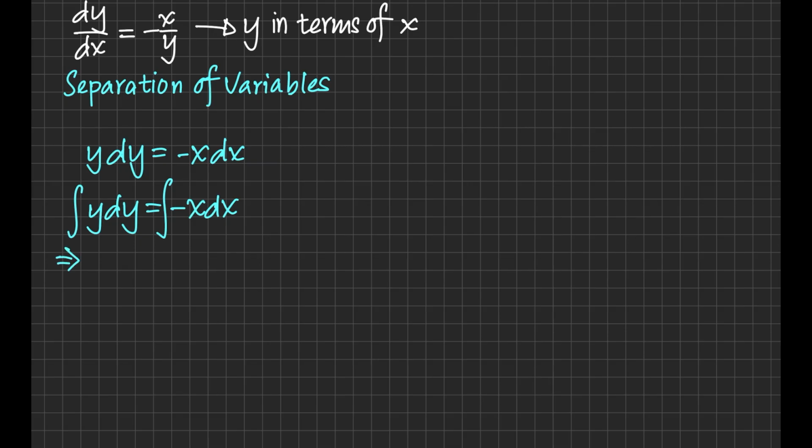So we have y squared over 2. Then we have a constant.